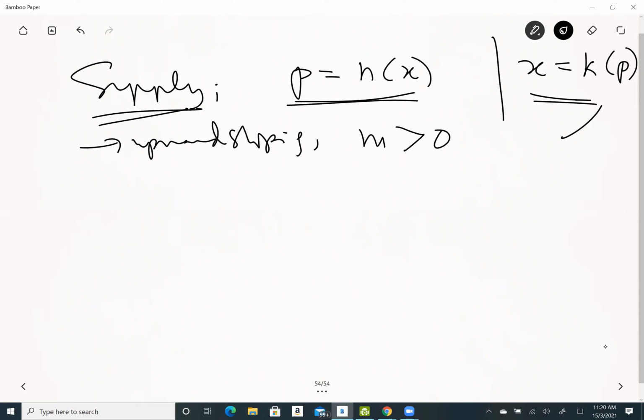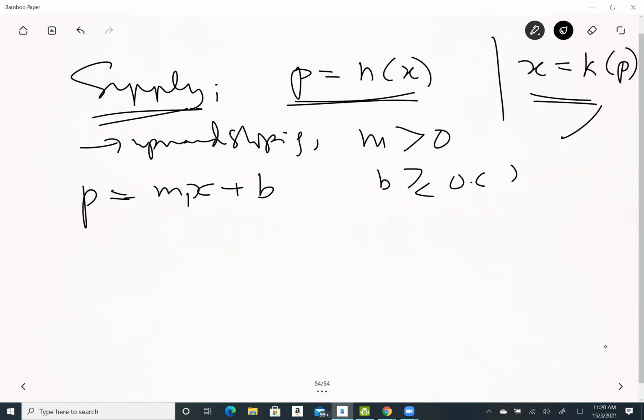Now B, sometimes we don't worry about B. Sometimes B can be negative, sometimes B can be positive. This B here, don't worry too much. So for the supply function, you have upward sloping, therefore P equal to MX plus B. Since we already used M and B for the demand function, let's use something else.